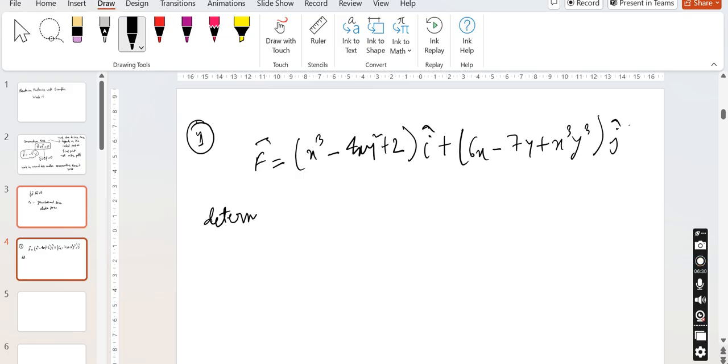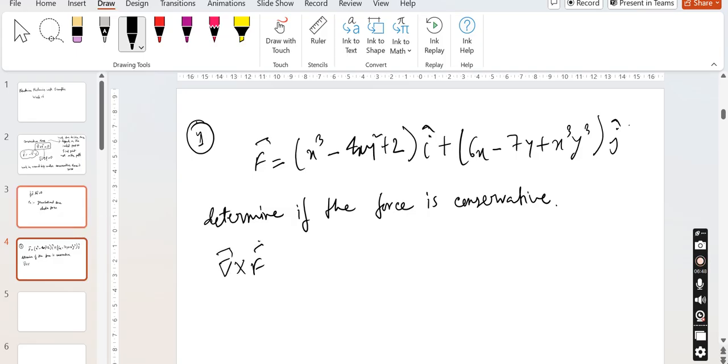Determine if the force is conservative. So the curl of F should be 0. So first, determine the curl of F.